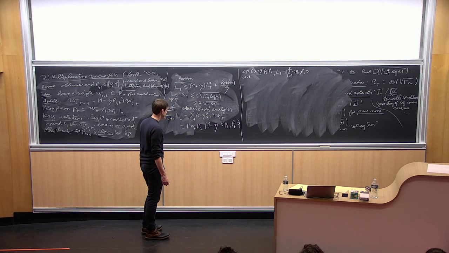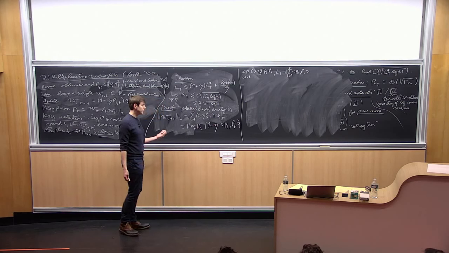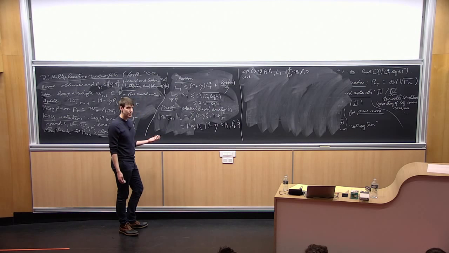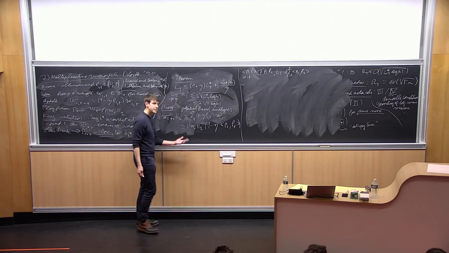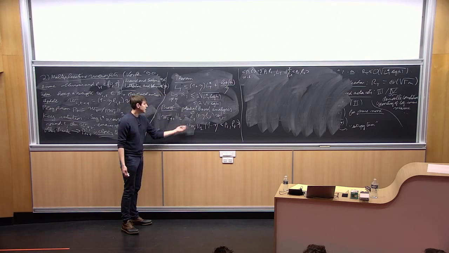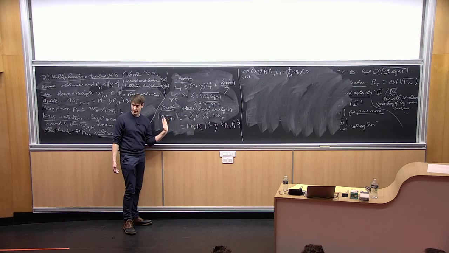Now I want just to use that log(1 plus x) is smaller than x, or 1 plus x is smaller than e to the x. So 1 minus this is smaller than e to the minus this. Why do I do that? Because I will have an induction, and I get a product.